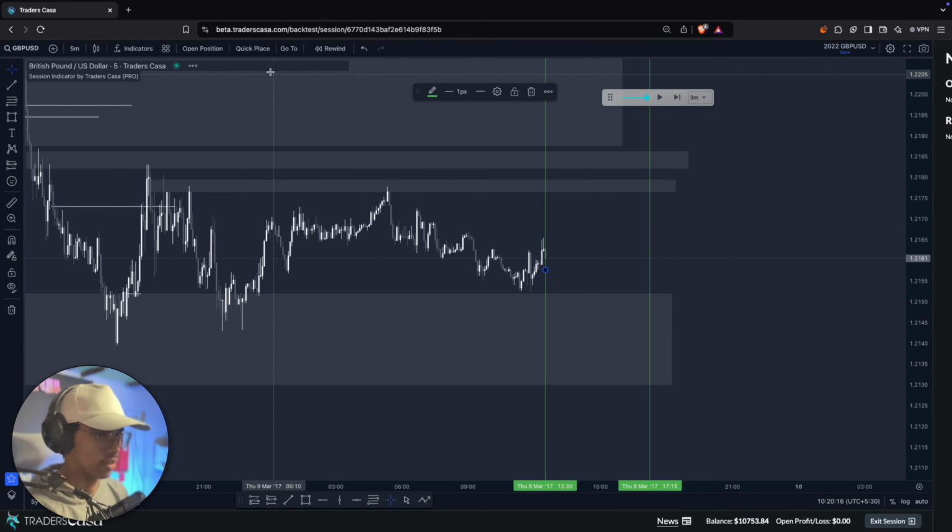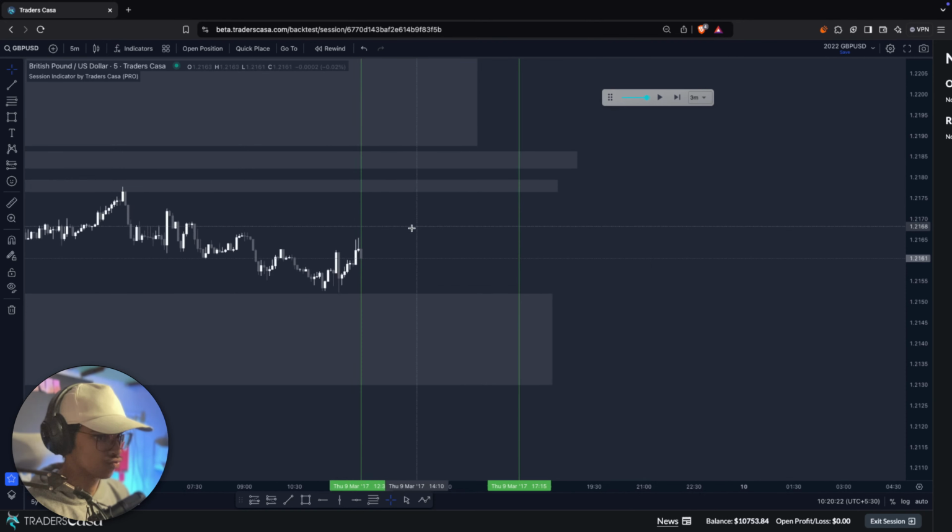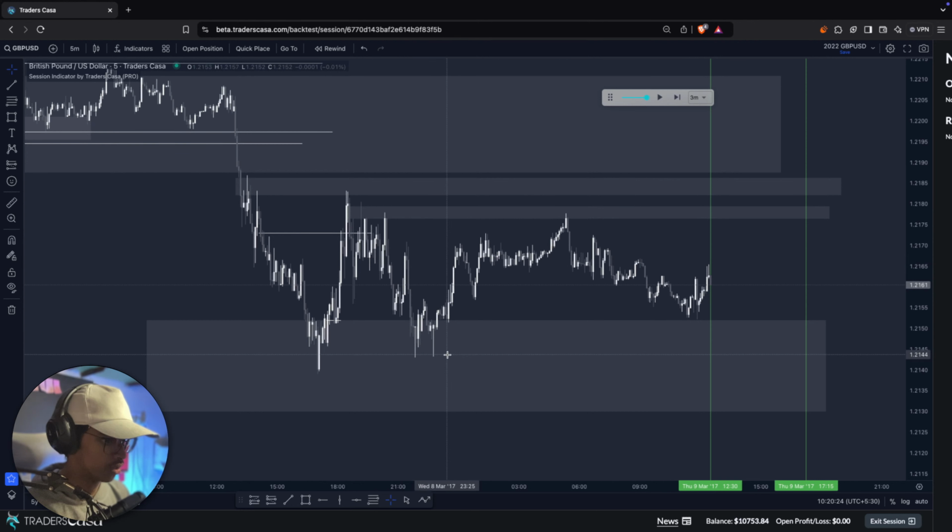Remind this point. Now let's see what is going to happen. This is the draw on liquidity which I am trying to find. This will be the draw on liquidity, this point and obviously this point.